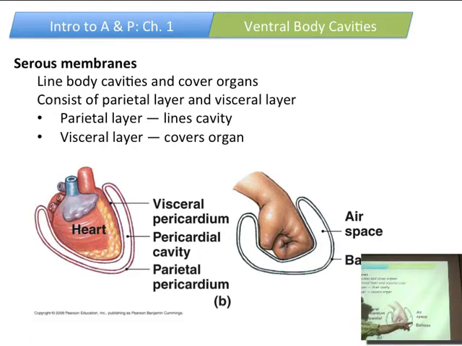And then the rest of the balloon would be the parietal pericardium. The inside of that balloon would be the pericardial cavity. All right? And there's a serous exudate in here, basically a slippery, slimy exudate that enables this surface to slide over that surface with very low friction.